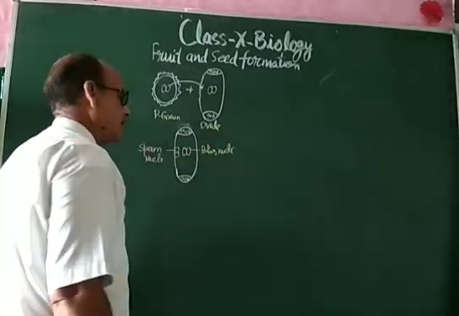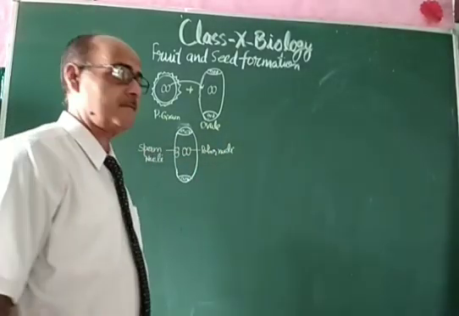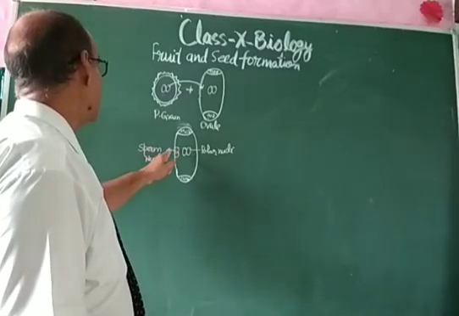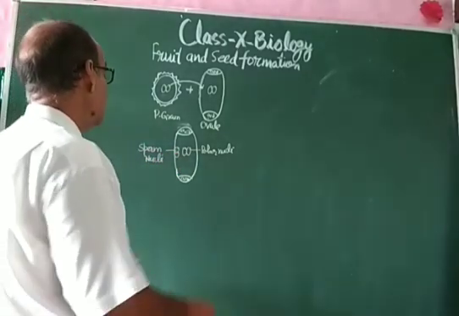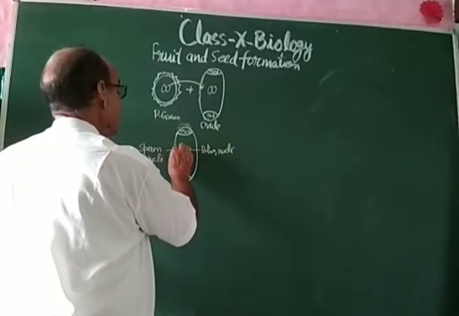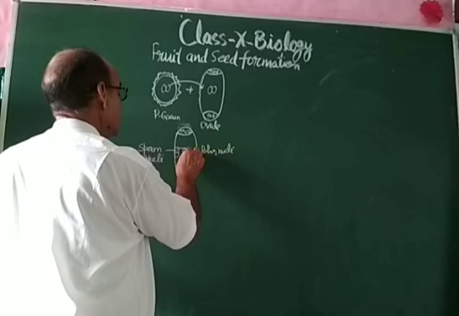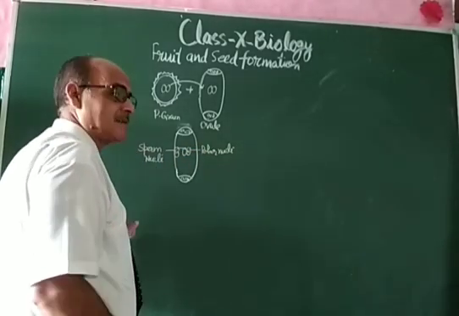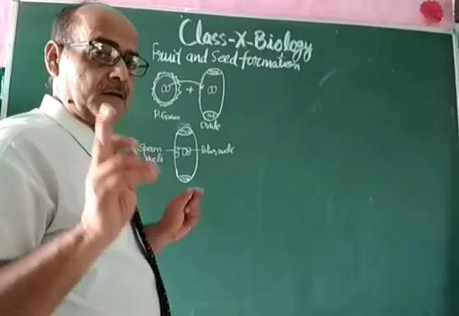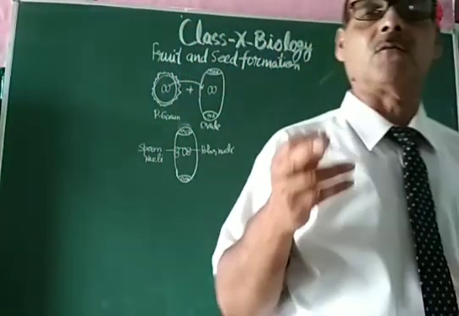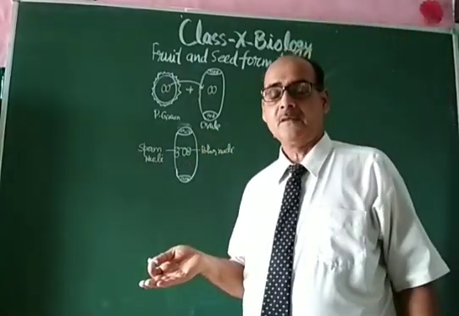In this process of fertilization, if one sperm nucleus fertilizes one of the polar nuclei, then this is called fertilization. The fusion of a single nucleus of the pollen grain and a single nucleus of the ovule is called fertilization.